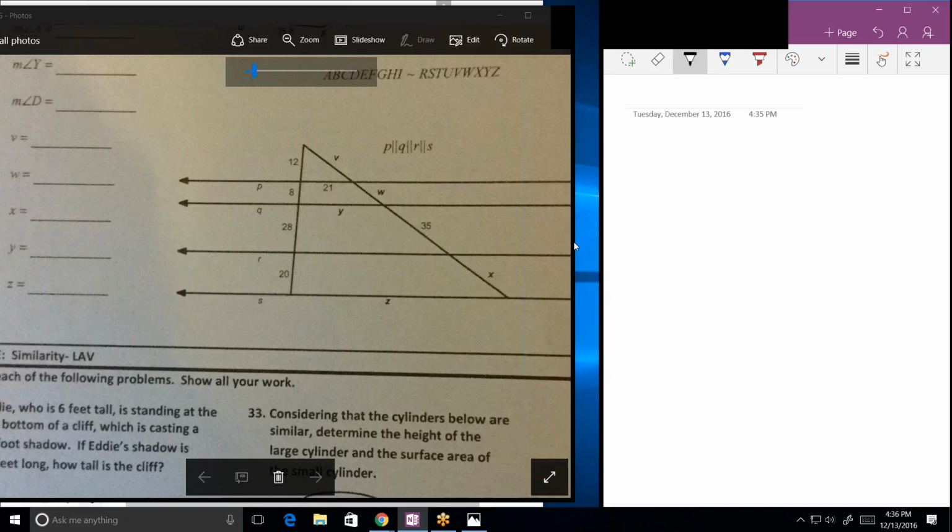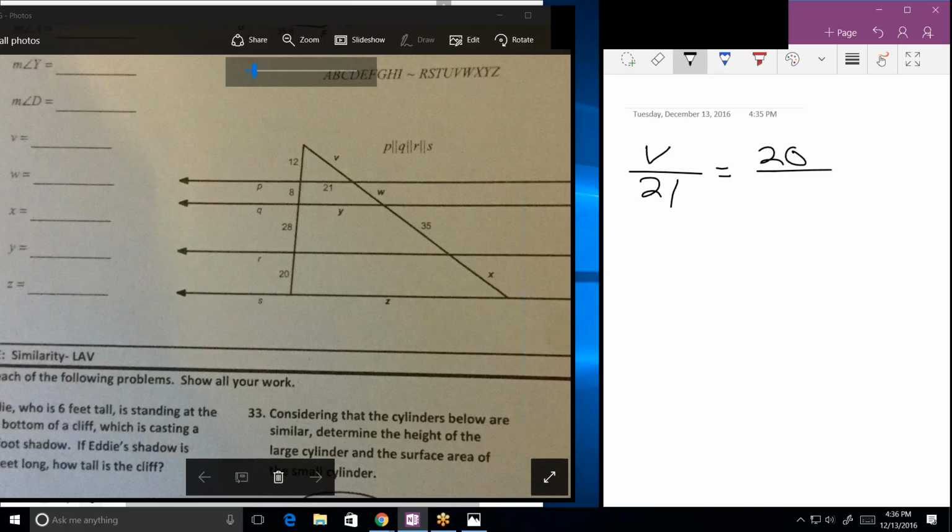What did you get for Y? 35. Okay, so we can say that V is to 21 as 20 is to Y.